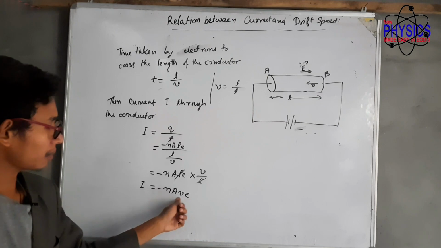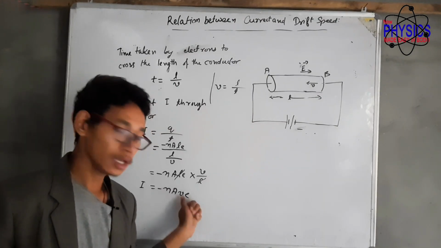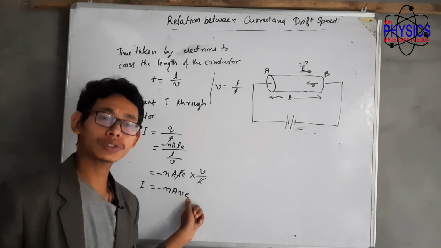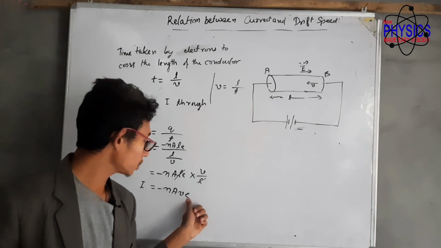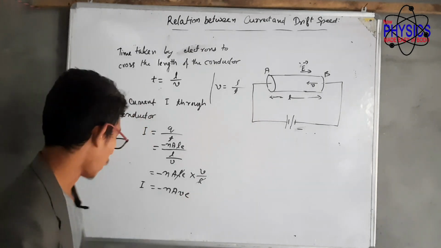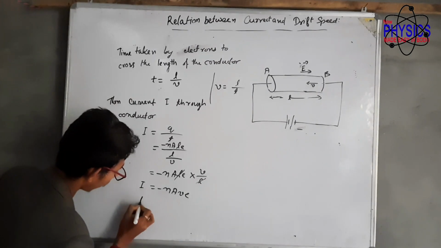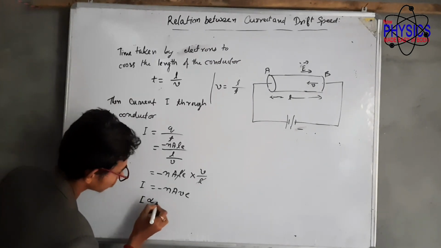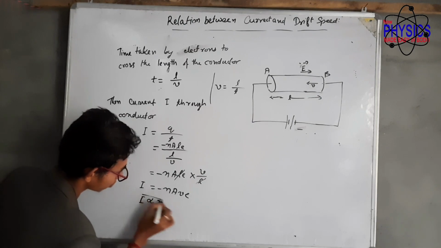The drift velocity. The charge of the electron is fixed, but the drift velocity may change. That's why I is proportional to the drift velocity.